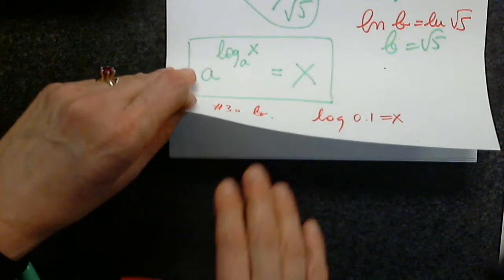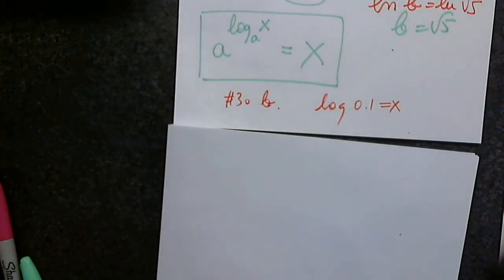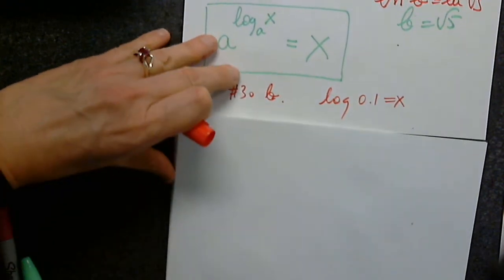But there is no need to put log base 10. It's like there is no need to put the square root with 2 as the index. So we're asked to find x.